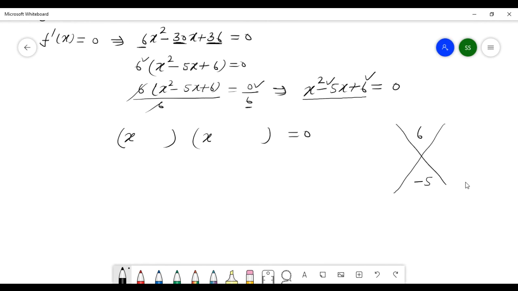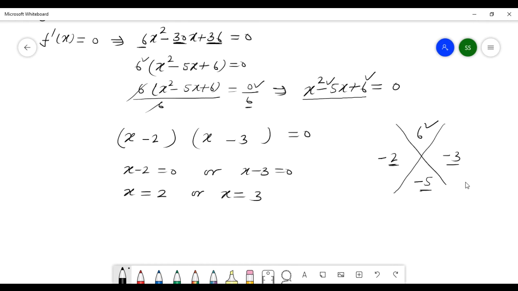So (x - 2)(x - 3) = 0. So x - 2 = 0 or x - 3 = 0, which means x = 2 or x = 3.